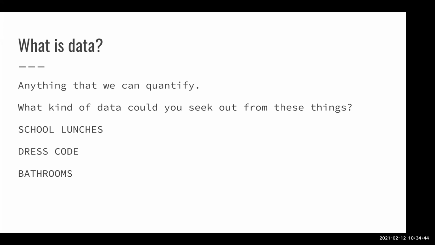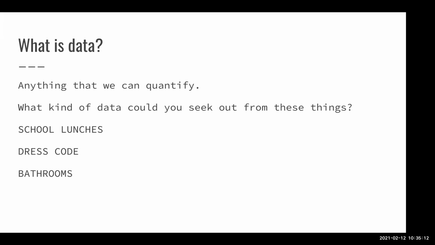So that's a story that could be used with numerical data. How are different classes allowing different bathroom times? How many times a day are you allowed bathroom times? Things like that. You could do the same thing with how long it takes you to get to class, or which shifts have the longest lunch period, or things like that.